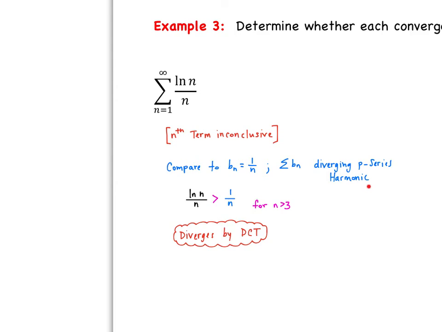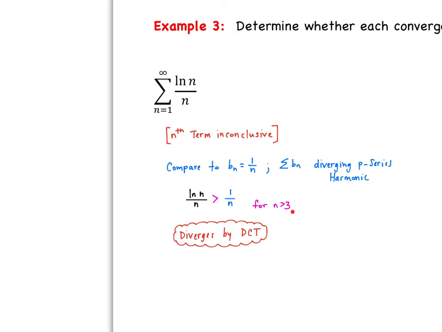Now, I might have to change that index. I might have to shift over, and remember, when we shift to further terms, in the grand scheme of things, it's not going to affect the sum. So if I compare this ln of n over n to 1 over n, I could say that it is greater than 1 over n when n is greater than 3.